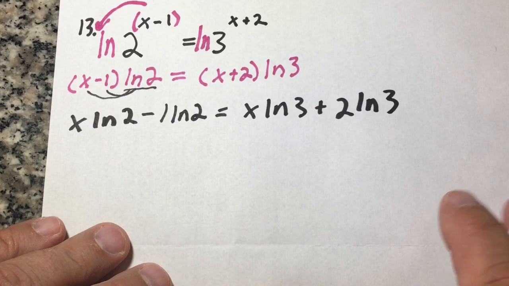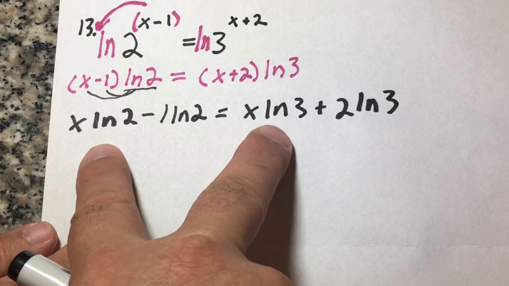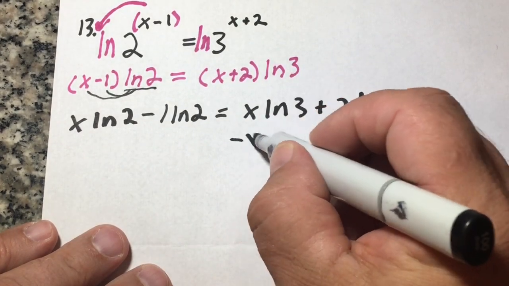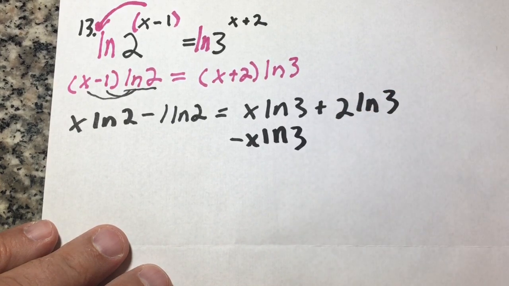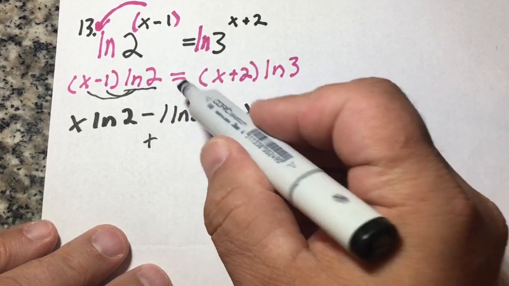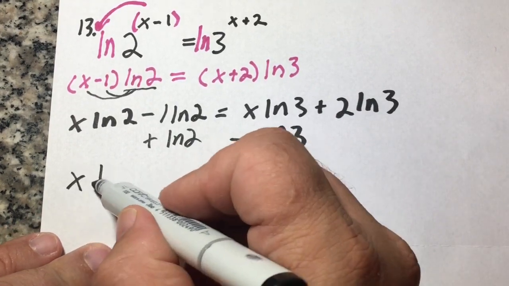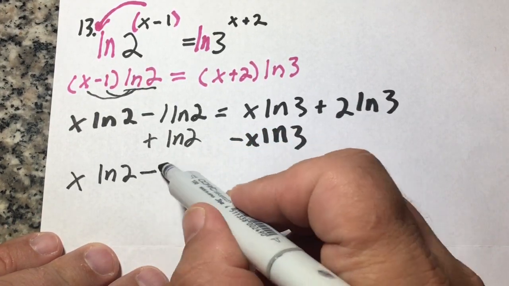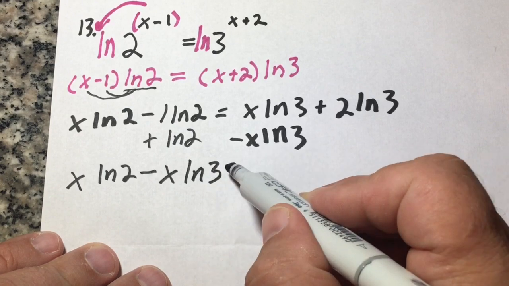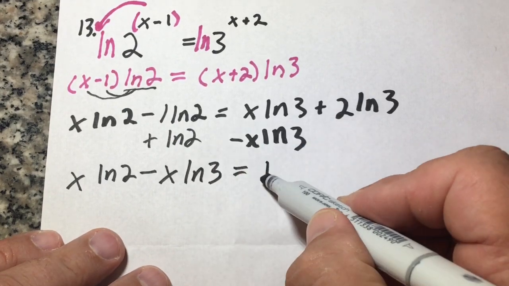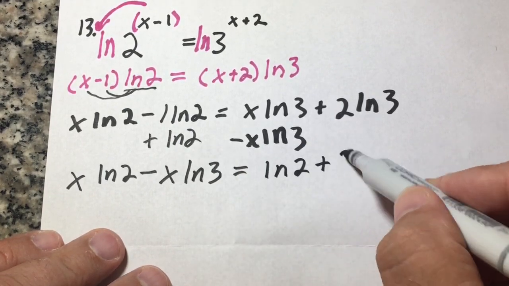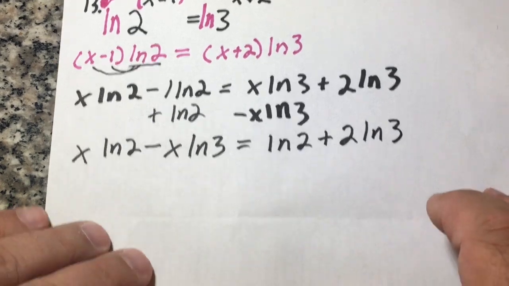I'm going to continue. I want to group the x's on one side. So I'm going to subtract x ln3 from both sides. And I'm going to add the 1 ln2 to both sides. That's going to give me x ln2 minus x ln3 equals ln2 plus 2 ln3.